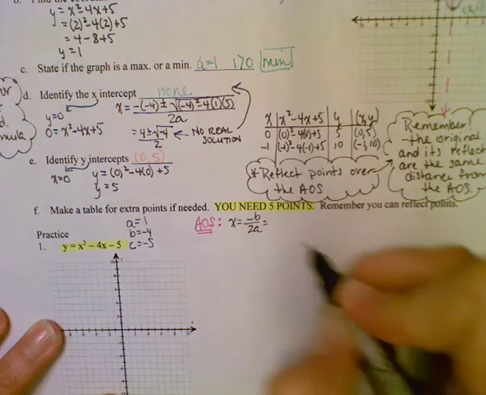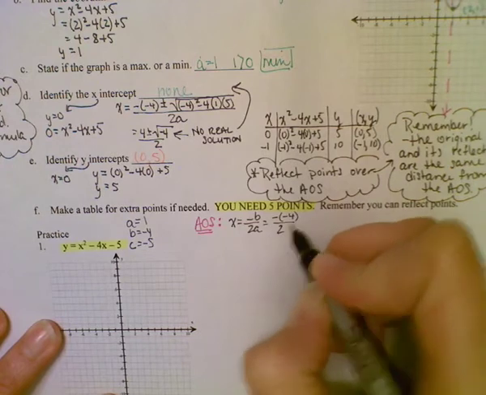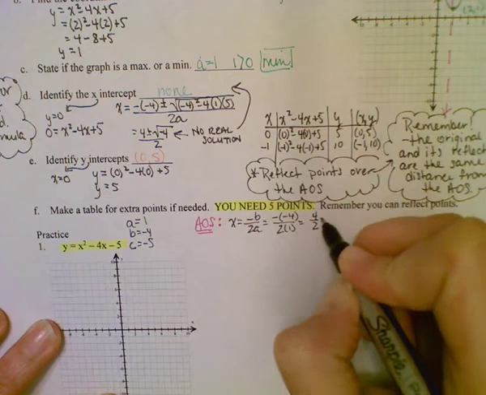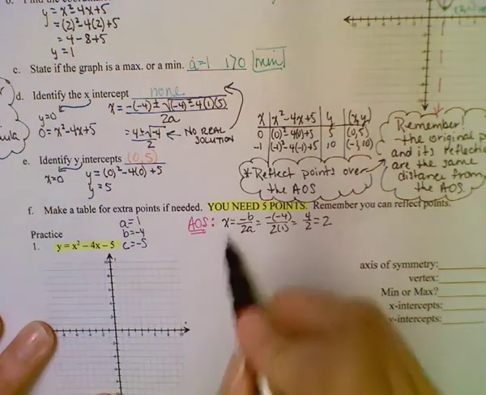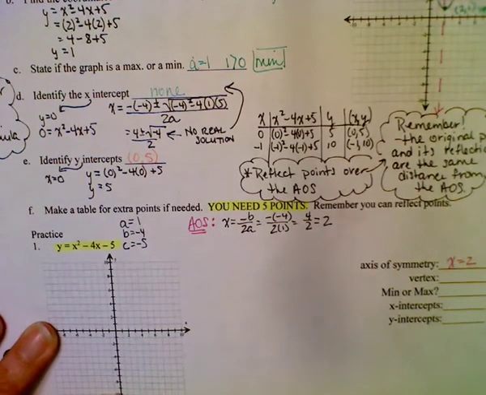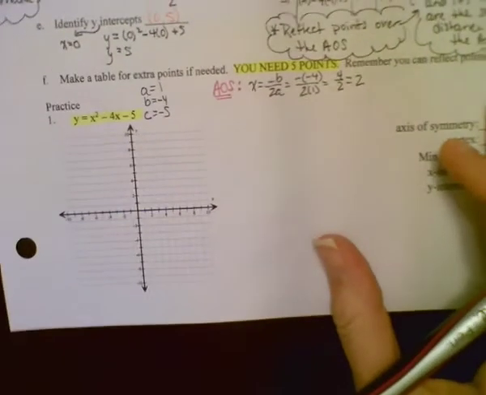I'm going to plug my values in there: -4 over 2 times 1 gives me 2. Remember that that's the equation of a line, that x is equal to 2. So x is equal to 2. Let's move that camera down so we can see that a little bit better.